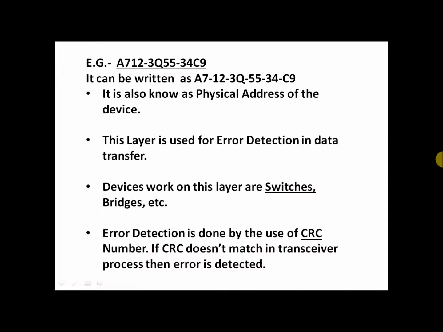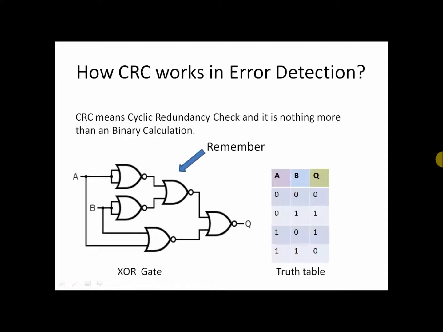If the CRC number does not match, then an error will be detected. Here we will see the whole method of how the CRC number is calculated, and how CRC works.